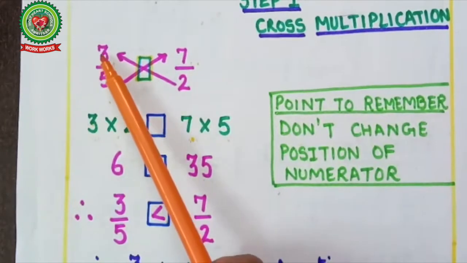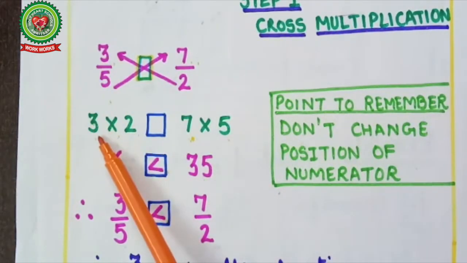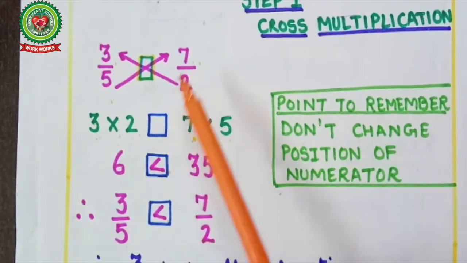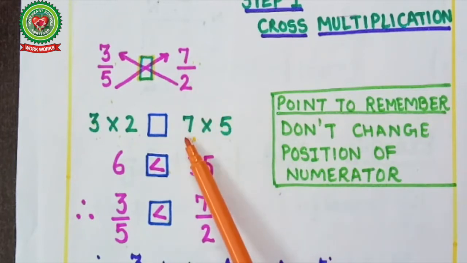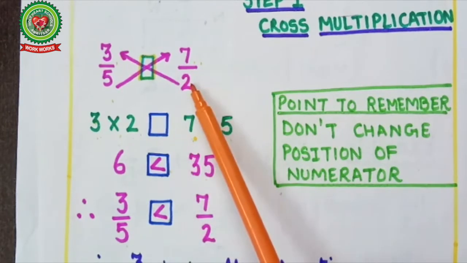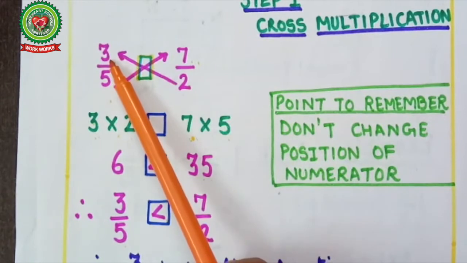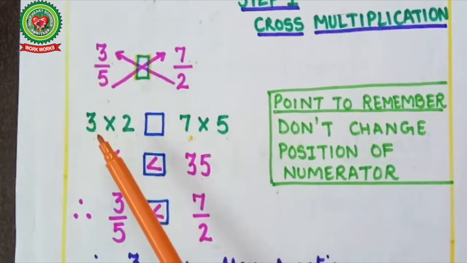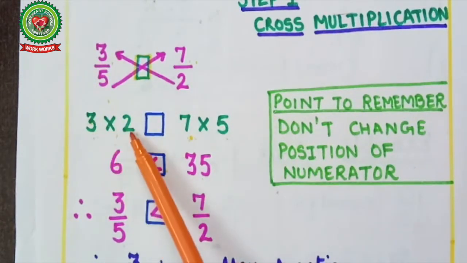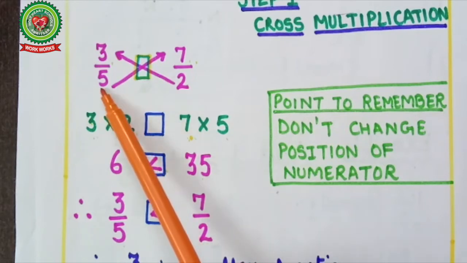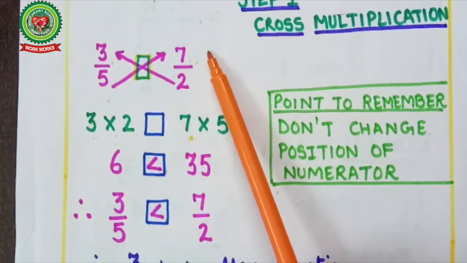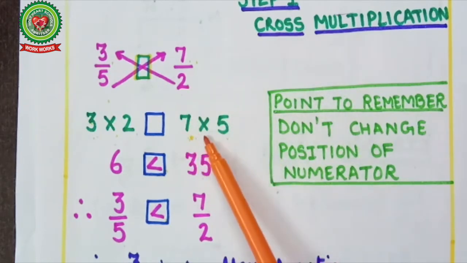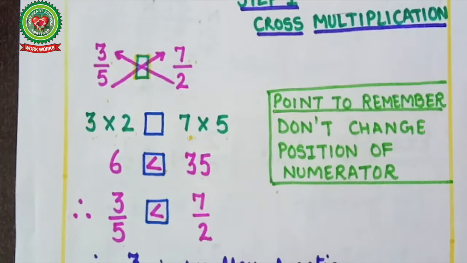So here, first of all you will write 3 box, then you will write 7. Now 2 will go towards the first side. So here it comes 3 multiply 2. And 5 will go on the other side. So here it comes 7 multiply 5. What is the next step?